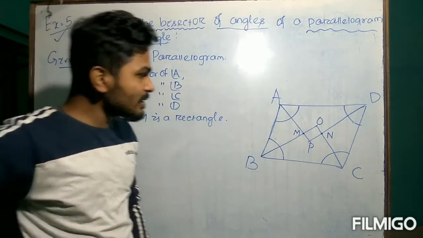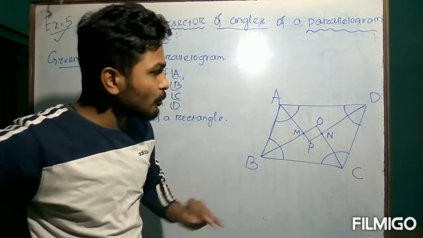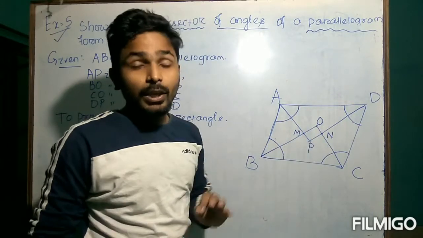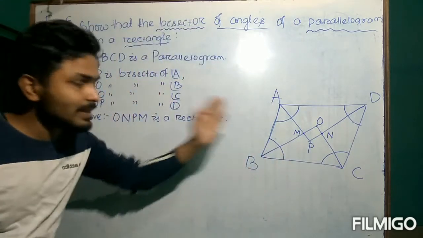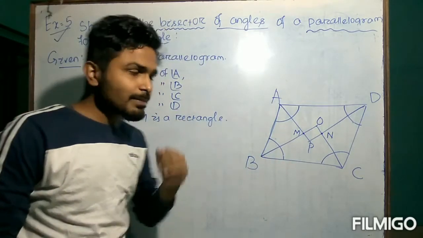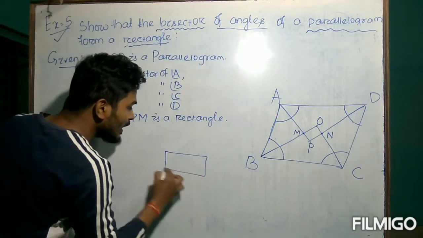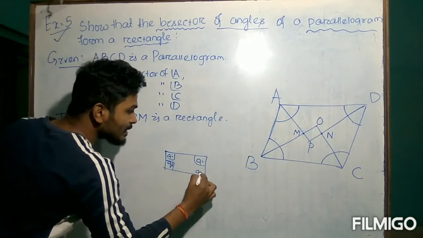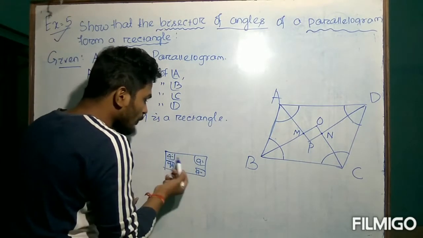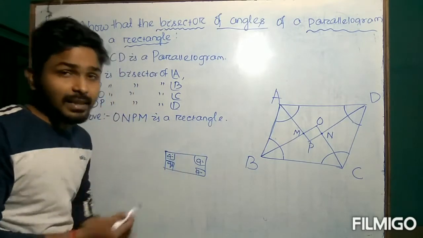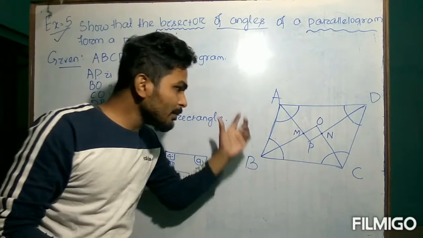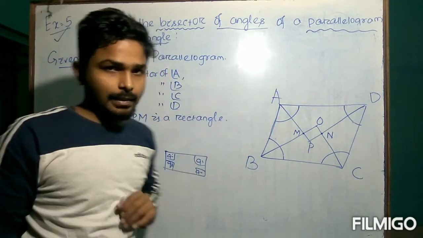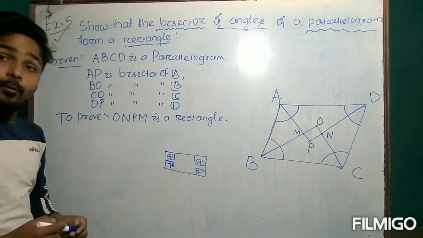The minimum condition is if we can prove each angle of this quadrilateral is 90 degrees, then we can say yes, this is a rectangle. Yes or no? Yes, because we know in a rectangle each angle is 90 degrees. It is also obvious that both pairs of opposite sides are equal and parallel. So at minimum, if we can prove that each angle is 90 degrees, then definitely it will be a rectangle. Okay, so let us prove it.